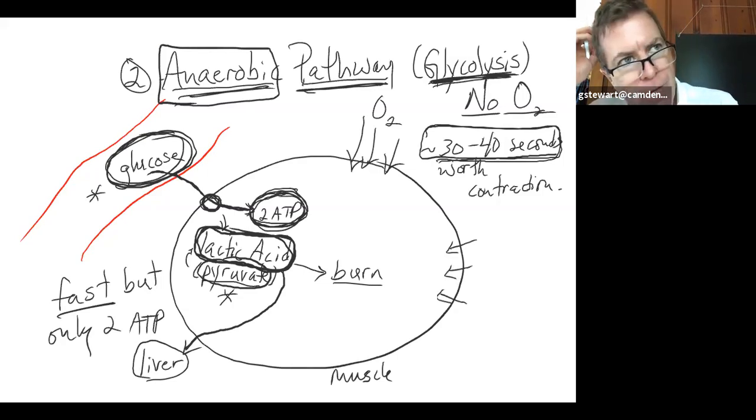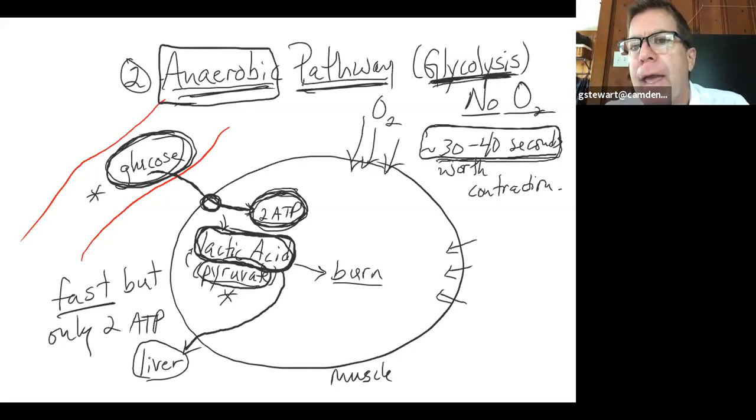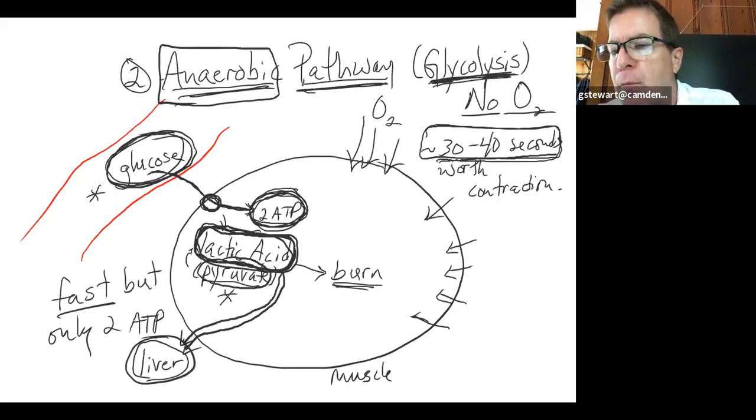So if you are active physically, and I highly recommend you should be, in any way, even if you go up 3 flights of stairs, your leg muscles start to burn. And that's this building up in your muscle cells. As soon as you get to the top of the stairs, it only takes about 5 to 10 seconds for that burn to go away. That's this being transported to the liver and the lactic acid being broken down very quickly by the liver.